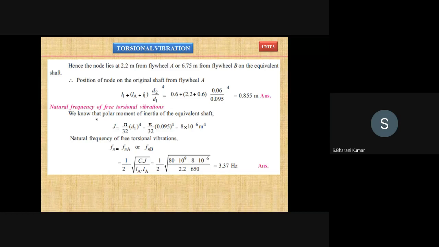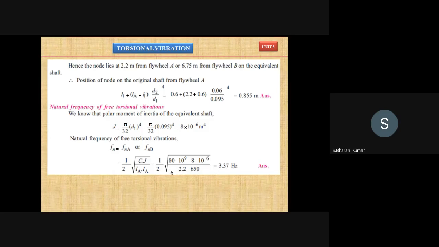And then the second question is the natural frequency of free torsional vibration. J, polar modulus, pi by 32 d power 4, you already know from this diagram. Frequency of A or frequency of B, all these will be the same, taken as frequency of A equals 1 by 2 pi square root of Cj into La into Ia.